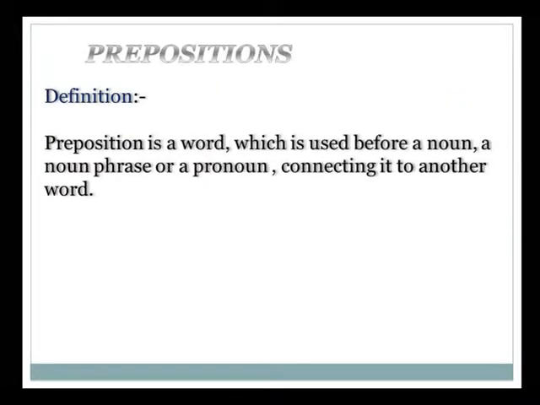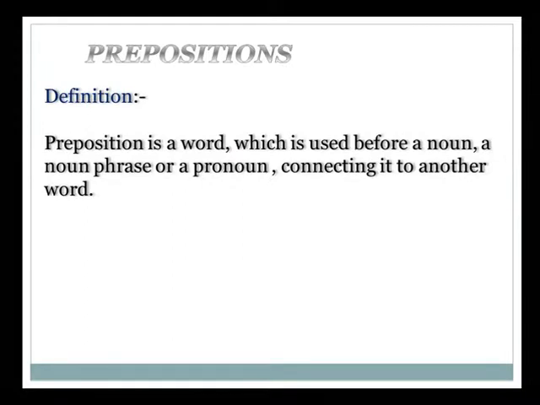So, starting with the very basic definition of preposition. What is a preposition? A preposition is a word which is used before a noun phrase or a pronoun, connecting it to another word. As we have learned in the previous session, pronouns are the words which are used in place of nouns. So nouns and pronouns more or less are the same things.